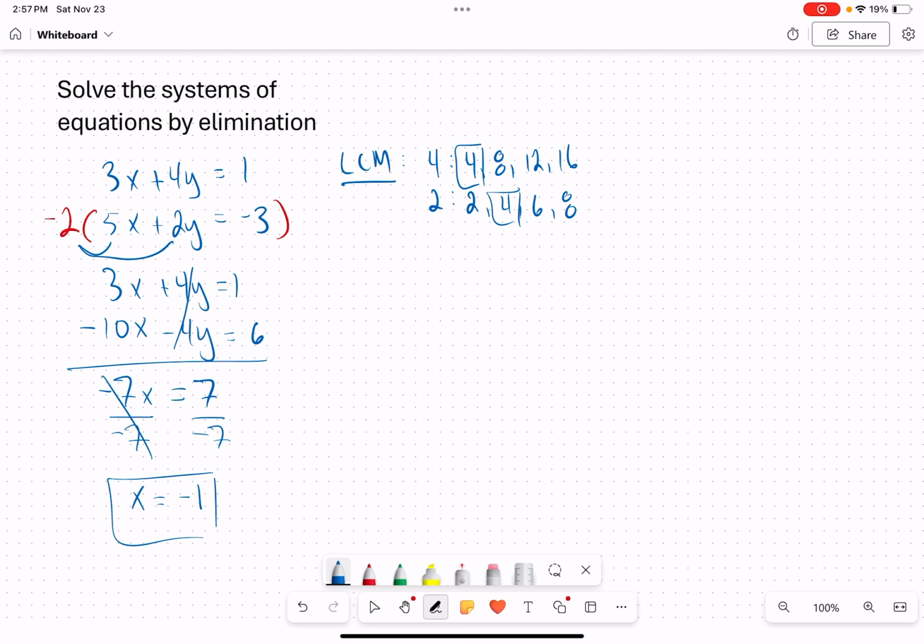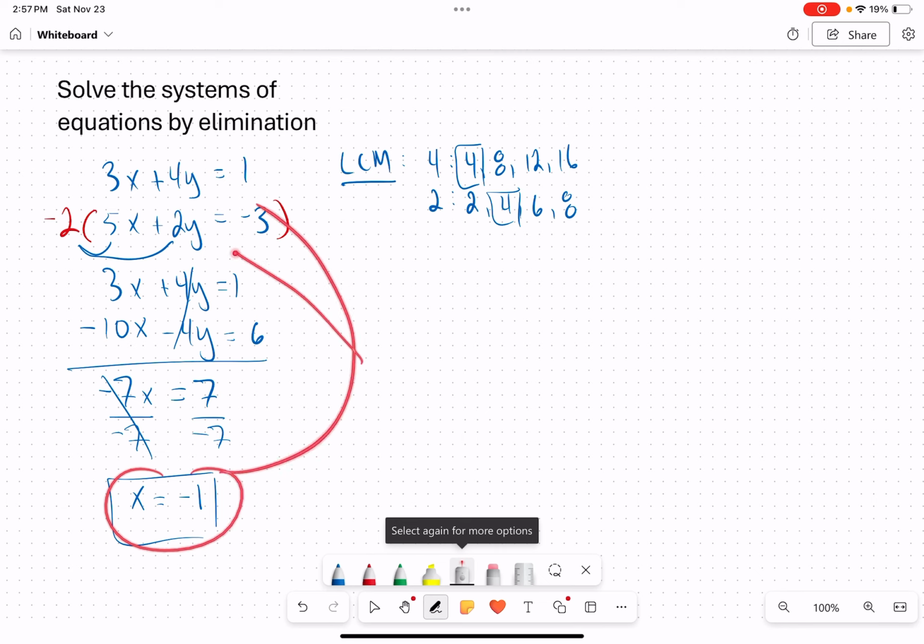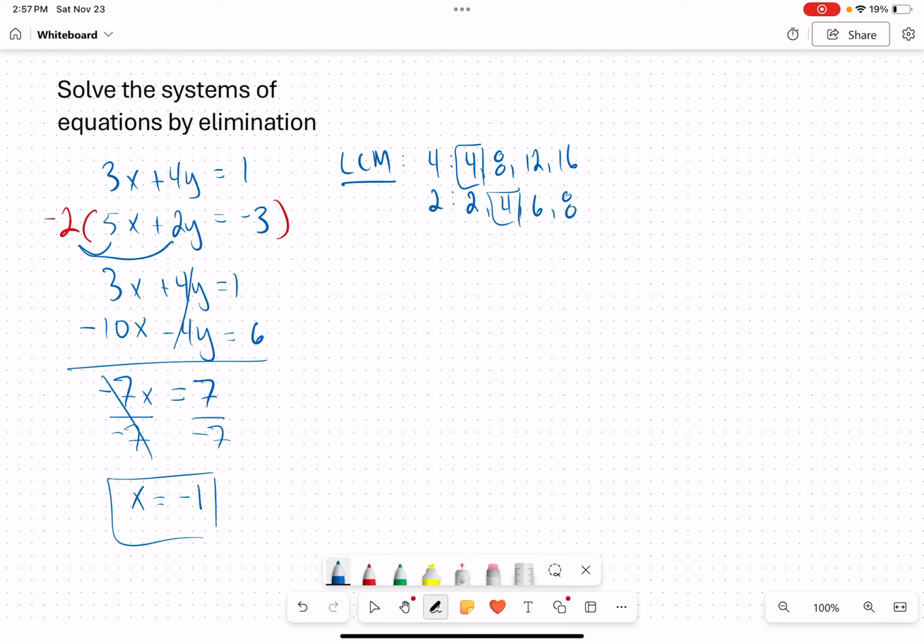How do we do that? Well, we can substitute this x into any one of the two equations given. Let's put it in the first equation. Let's substitute x is equal to -1 into the first equation. So we will have, let me just rewrite, 3x plus 4y is equal to 1. And now that we solved for x, we have 3 times -1 plus 4y is equal to 1.